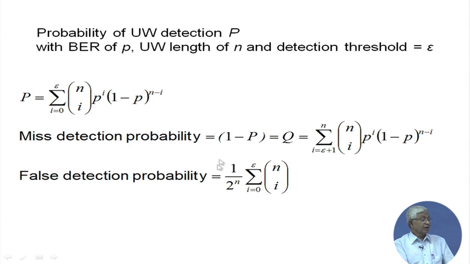So, these two are the important design criteria for the selection of the length of the unique word, and of course the pattern of the unique word will depend on the autocorrelation function and cross-correlation function, etc. for the unique word. Since time is up, we will continue our discussion in the next period. For the time being, thank you very much.